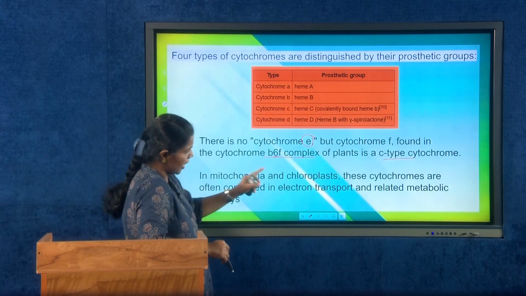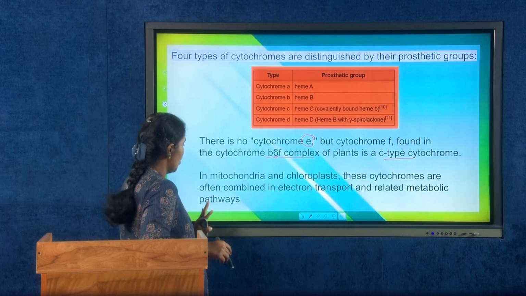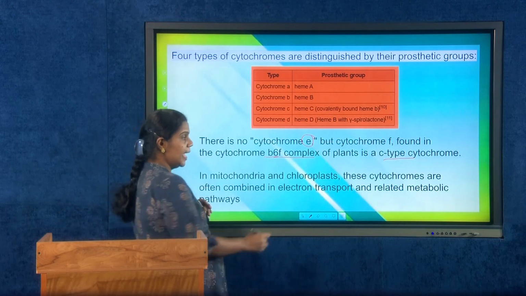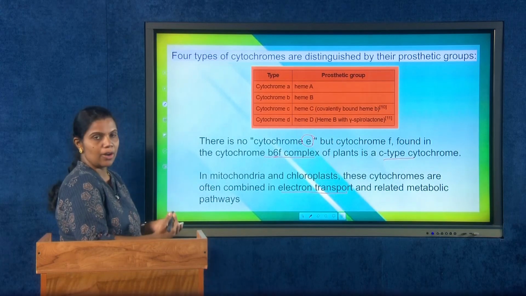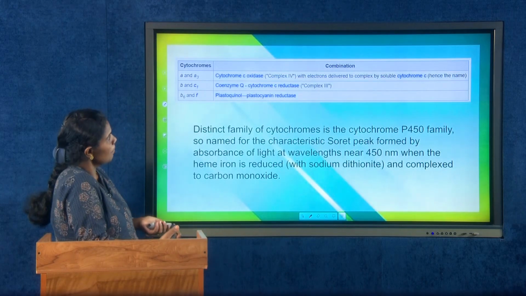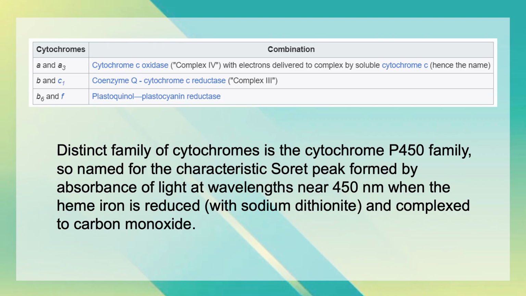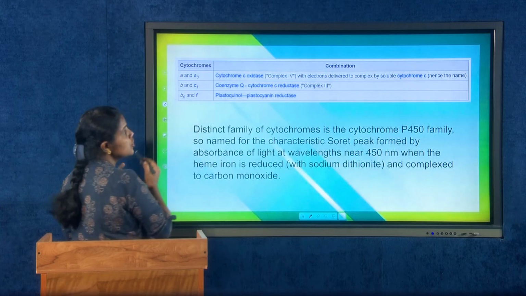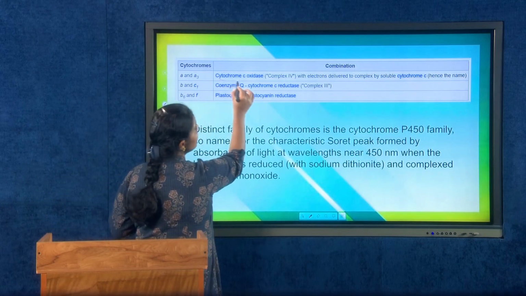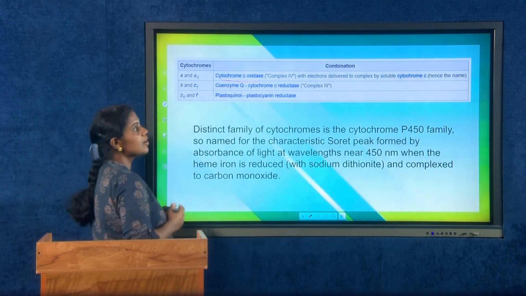In mitochondria and chloroplasts, these cytochromes are often combined in the electron transport chain or in the metabolic pathways. We can see that cytochrome subclasses function as a complex. Cytochrome A and cytochrome A3 together form cytochrome C oxidase, which is known as complex 4.